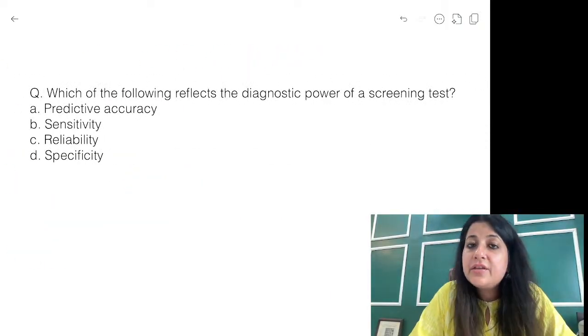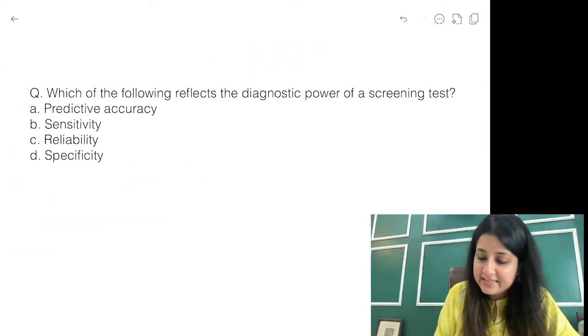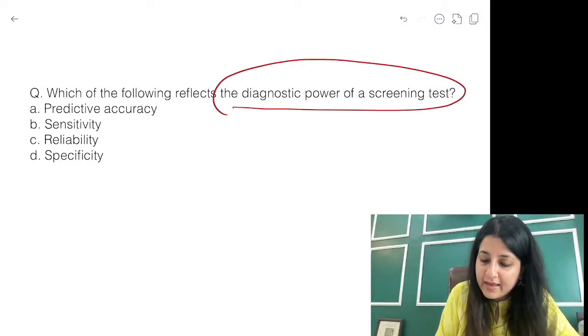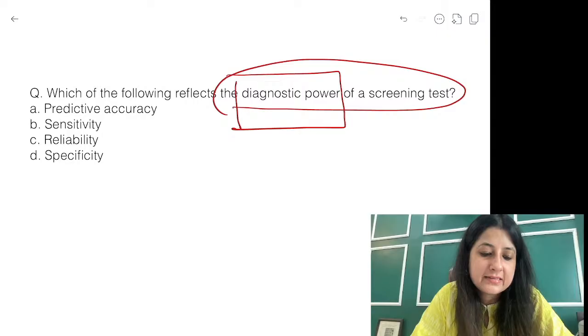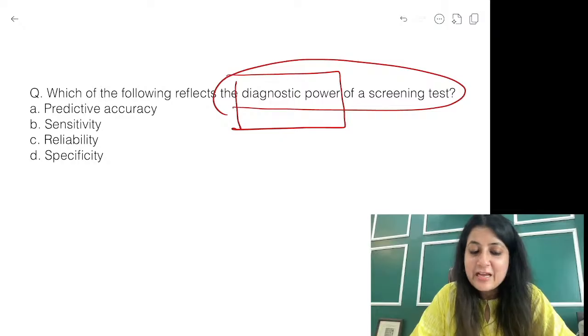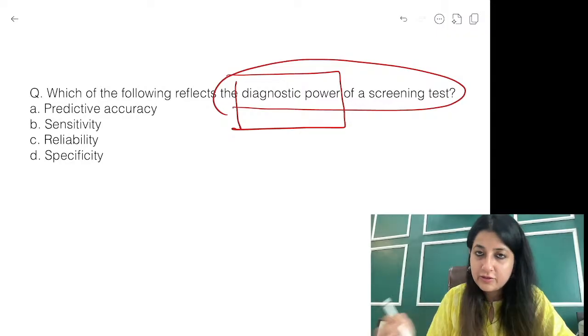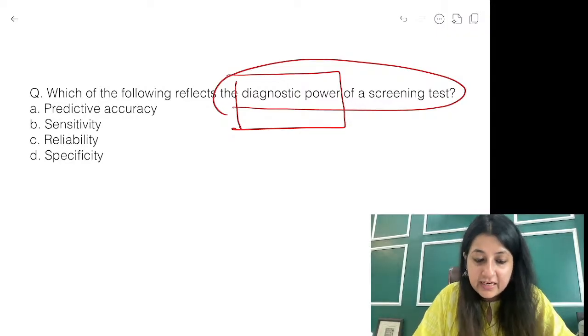Quickly answer. Which of the following represents the diagnostic power? If you ever see the word diagnostic power, what will you put your answer as? Don't get distracted guys, exam is just right ahead, no more changes. ठीक है, पढ़ते रहो अच्छे से. What is the answer over here?